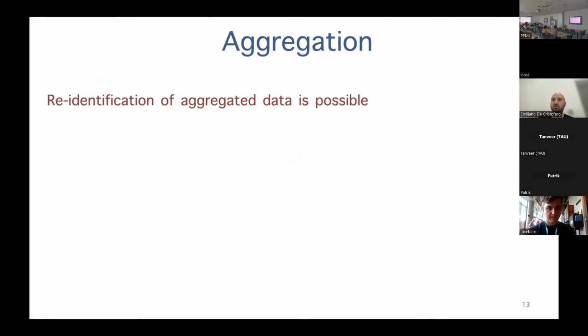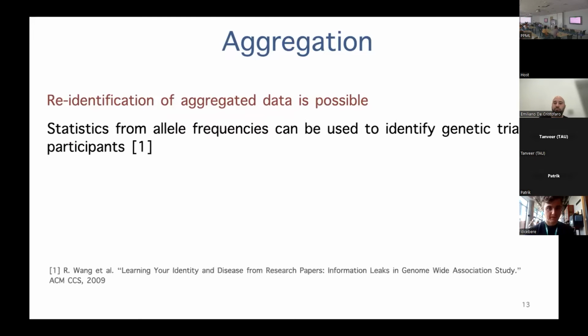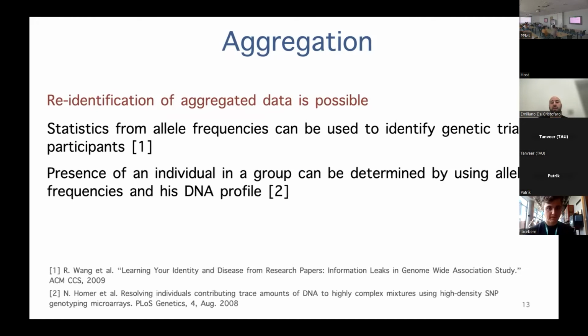Aggregation, which is also a technique that we often use to try and boost the privacy of data releases, also doesn't work, because genomes have very unique features for which signals don't really get hidden by an aggregation algorithm. So if you have statistics from, let's say, genomic studies, even these statistics leak information about single participants, even when you aggregate them.